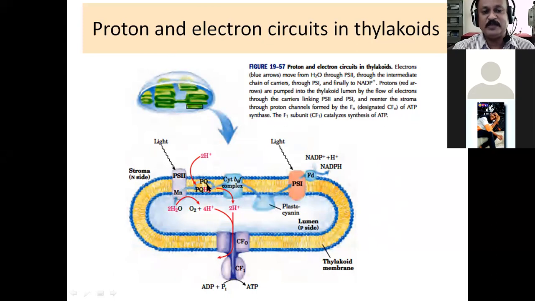This plastoquinone is getting reduced, and then the electrons go to the cytochrome b6f complex here. This complex is again forcing the protons to come inside, so this is a proton pump. The water splitting complex itself was also a proton pump, because you can see the protons are there inside the lumen of the thylakoid.